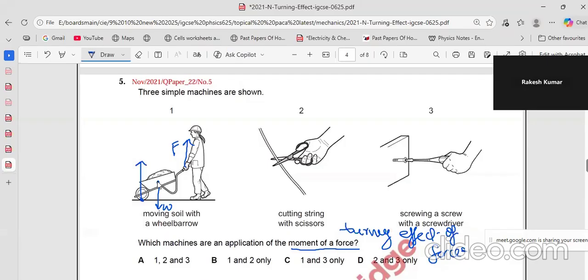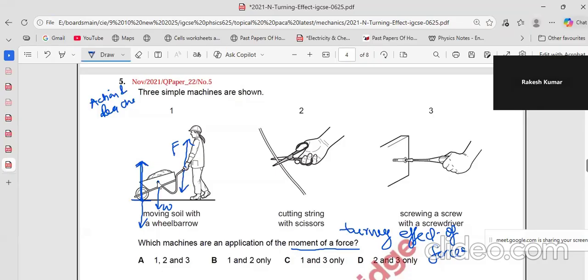Obviously, there is an action and reaction happening. That means if the ground is applying a force on the wheelbarrow, the wheelbarrow is also applying a force on the ground. Similarly, if the girl is lifting it up, the wheelbarrow is pushing down on the girl.